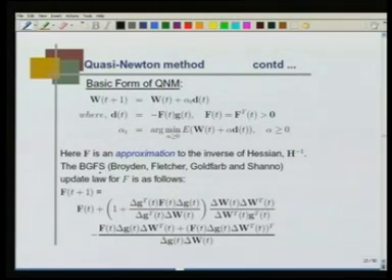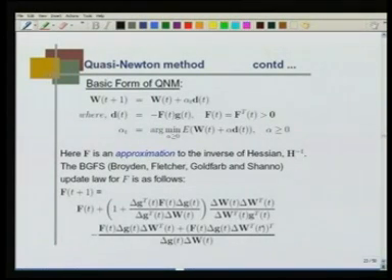There are some researchers, Broyden, Fletcher, Goldfarb and Shanno, who have proposed an iterative form of this ft. You can easily see how cumbersome this algorithm is. It looks very bizarre in fact, but in any case this algorithm is much simpler than if you really want to compute H inverse.